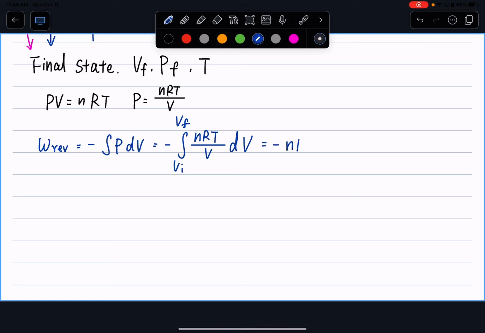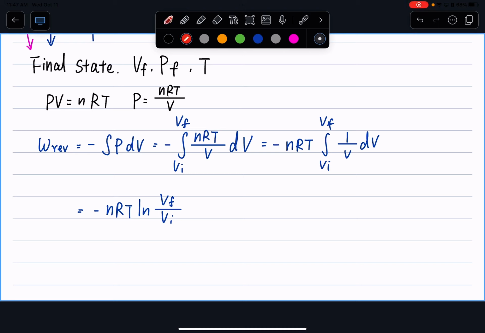So we can take those out to be nRT, integral from V initial to V final of 1 over V dV. When we do this calculation, you take that integral and end up getting negative nRT ln of V final over V initial. So the process involves some kind of work between your system and the surroundings in your isothermal expansion of gases.